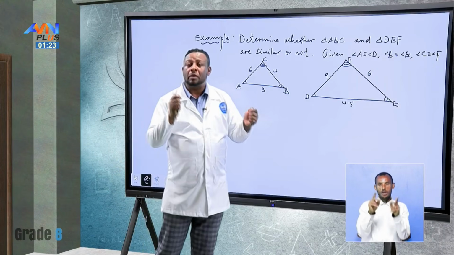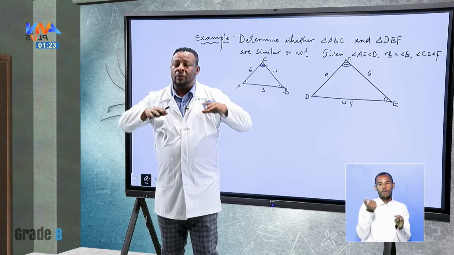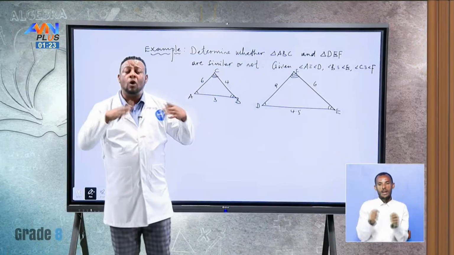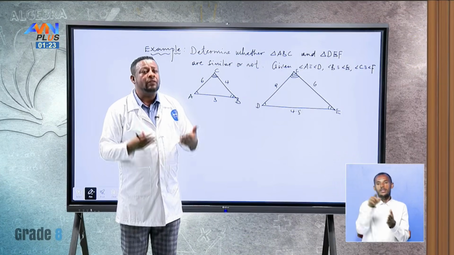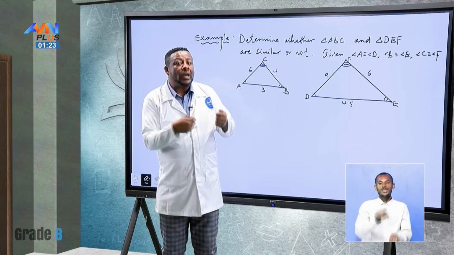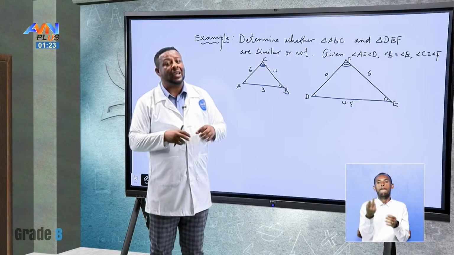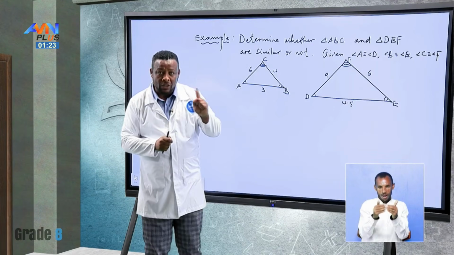You need to remember the definition that I stated before. Whether it is a triangle or a polygon, there is a definition regarding similarities, right? So two triangles are said to be similar if the pairs of corresponding angles are congruent, one condition.